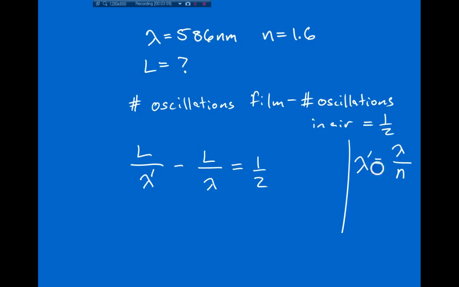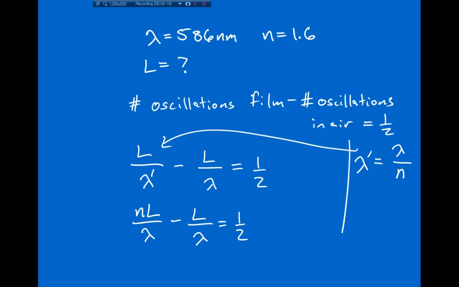So if I plug this equation into this formula here, so I'm going to have lambda divided by n, this is going to give me nL divided by lambda minus L divided by lambda is equal to 1/2. And so both of these terms have an L over lambda, so I could write this as L over lambda times n minus 1.